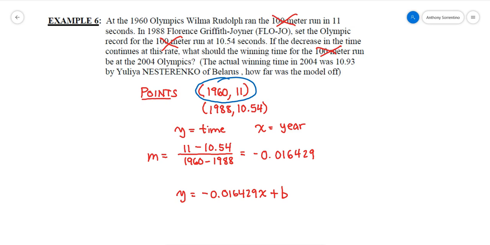And I'm going to plug in the x and y values and calculate what b has to be as a result. So I'm going to have 11 equals negative 0.016429 times 1960 plus b.